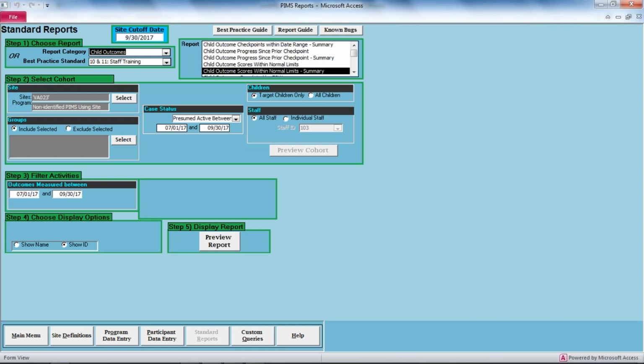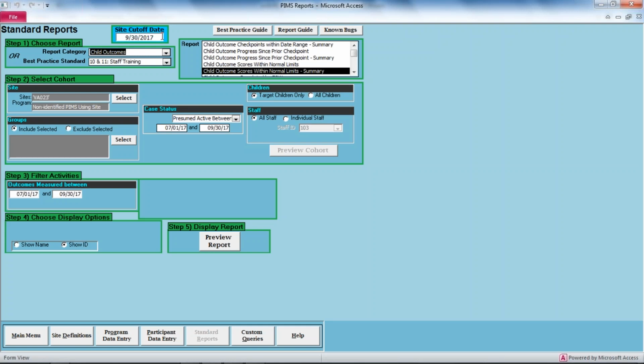And so you always need to make sure that the site cutoff date provides you a cutoff that is at or past the last information that you want to be able to report in the reports that you're running. It's useful to set that cutoff to be the last day of the reporting period that you're reporting for.